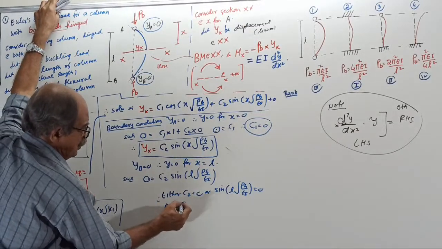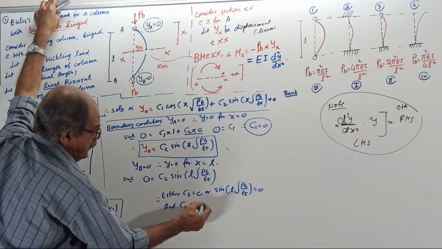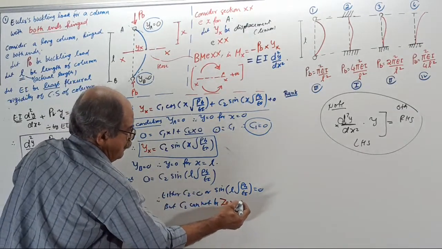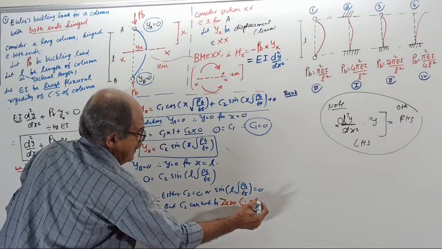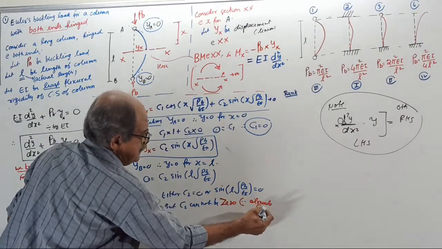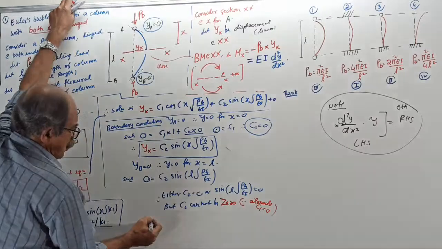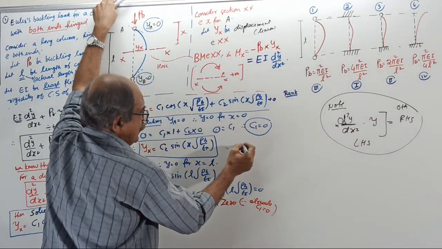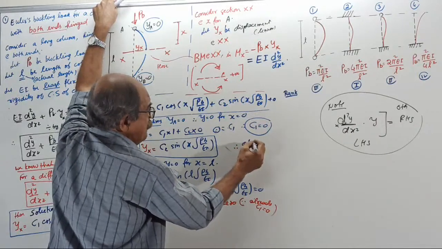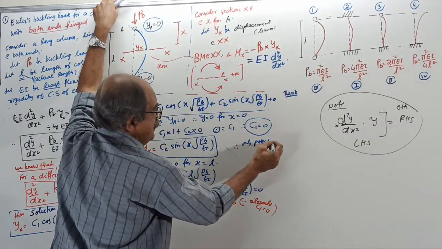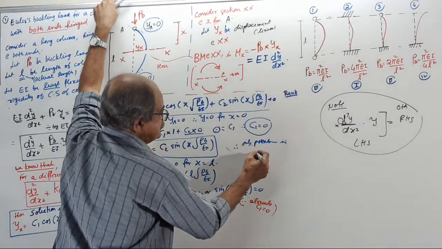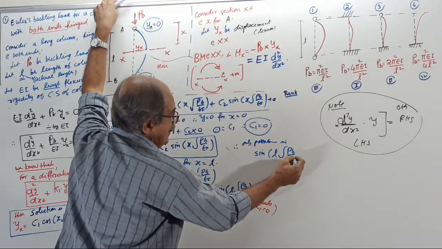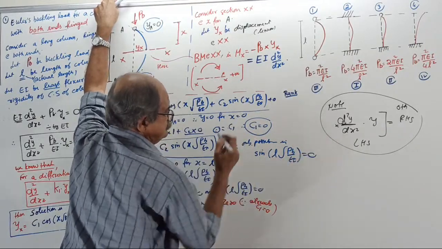But just now I told you, C2 cannot be 0, because C1 is already 0. Therefore, the only possibility is sine of L root(PB by EI) equals 0.